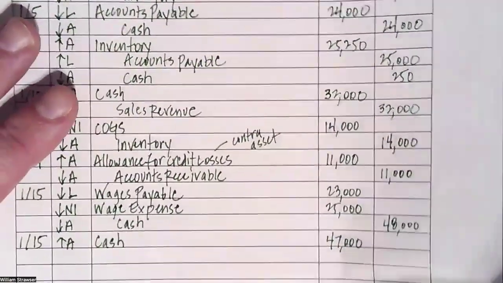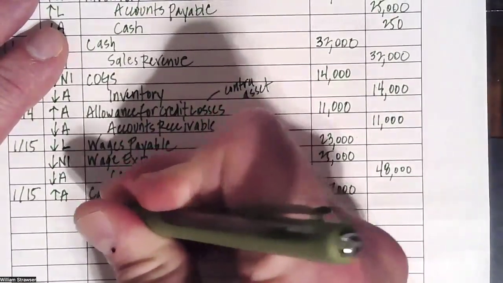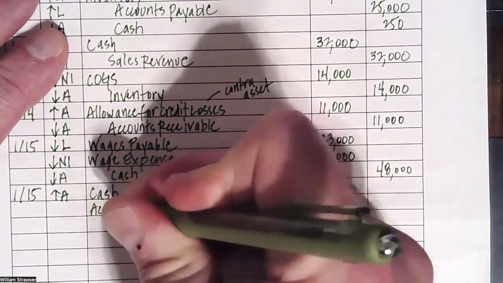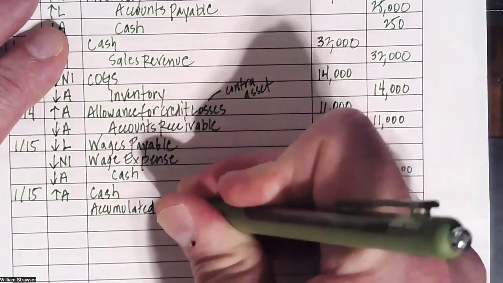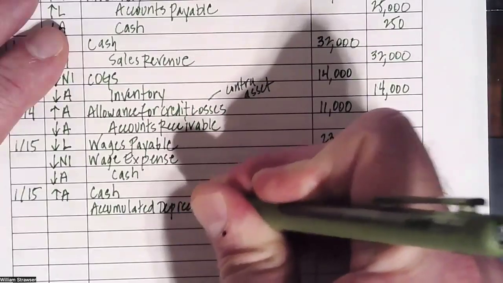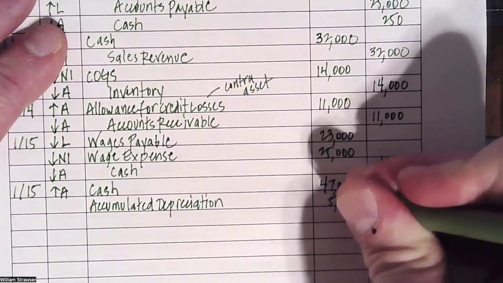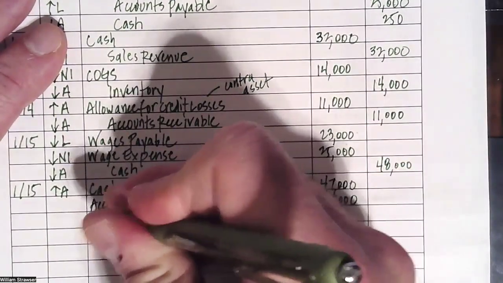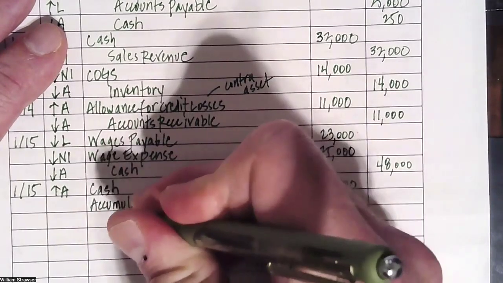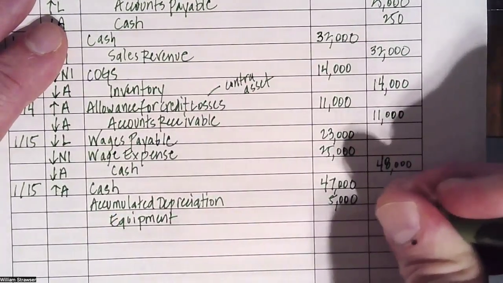So I have a debit to accumulated depreciation to offset the 5,000. And I have a credit to my equipment account to reduce it by the $50,000 of equipment sold.